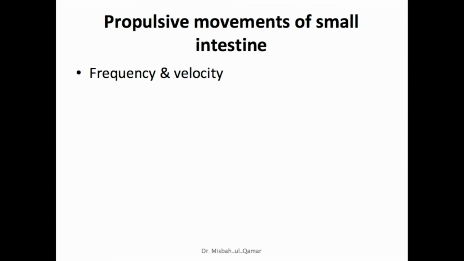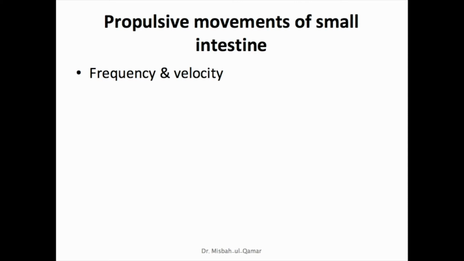And then these propulsive waves rarely travel farther than 10 centimeters and they can occur in any part of small intestine. Of course, they move toward anus with a velocity of half a centimeter to 2 centimeters per minute.